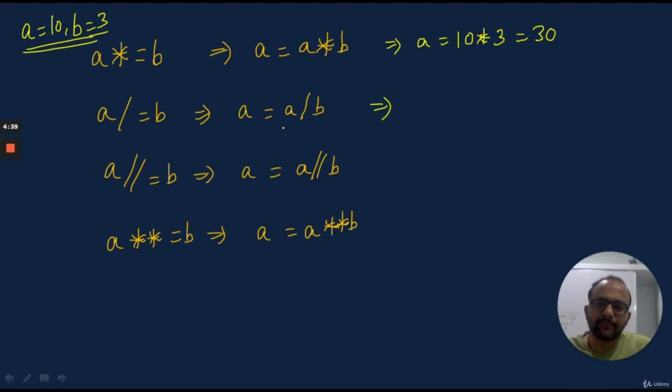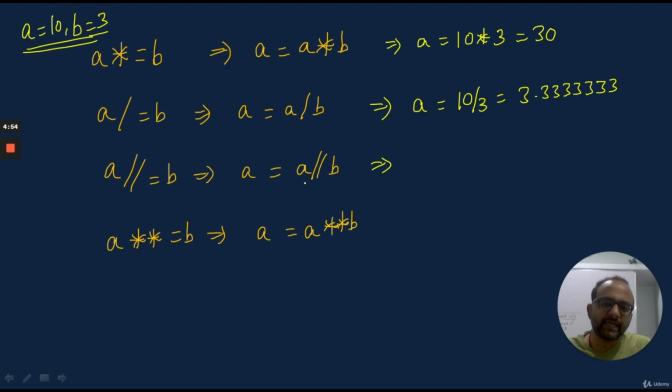Suppose we apply division, it will be A is equal to A divided by B, 10 divided by 3, and the value will become 3.33333333 like this.